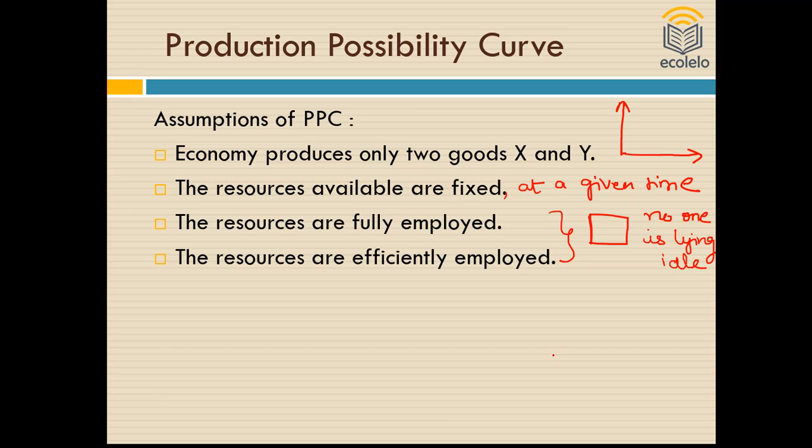When I say efficiently employed, it means you are working in some sector or on something where you are able to give your 100%. Suppose I'm teaching, because I can do this work most efficiently. Suppose I start playing cricket. Now I don't even know how to play cricket.